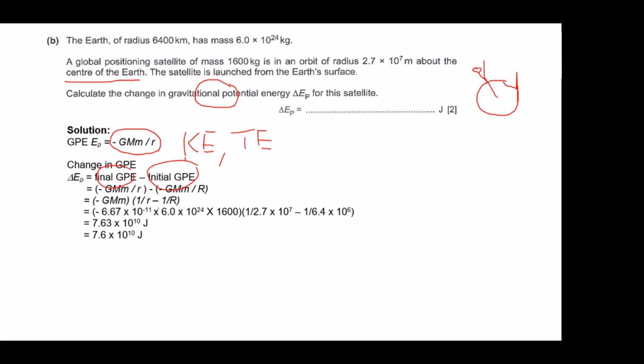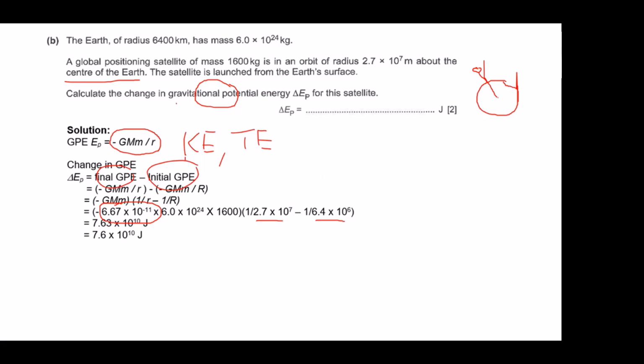Big G, the gravitational constant, if you're not sure, take from your data booklet: 6.67 times 10 to the power minus 11. Mass of Earth is given as 6 times 10 to the power 24. The mass of your GPS satellite is 1,600 kg. And of course, you have the two distances involved.